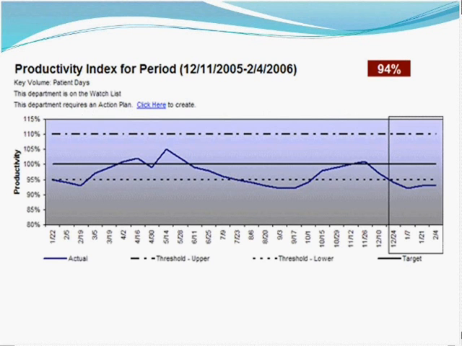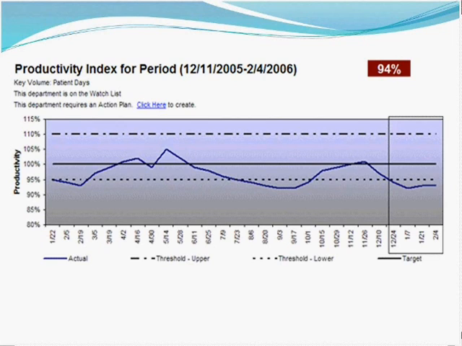Let me give you one more example of some data that is being collected, very much like restaurants collect their food service data. Hospitals, almost universally, in my experience, are monitoring productivity in terms of labor cost for care provided.